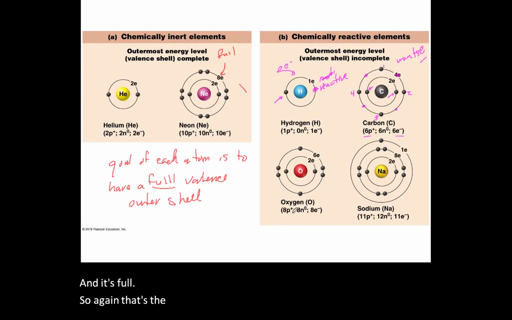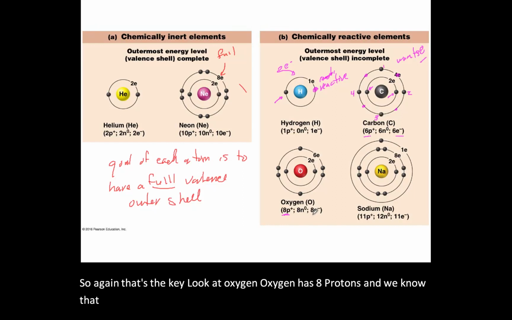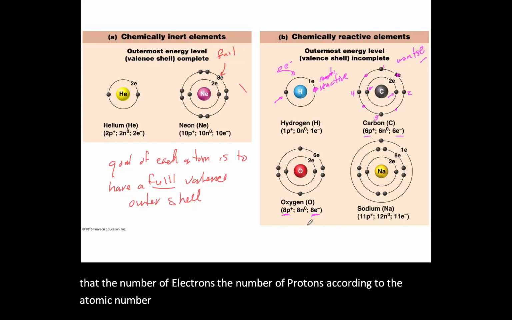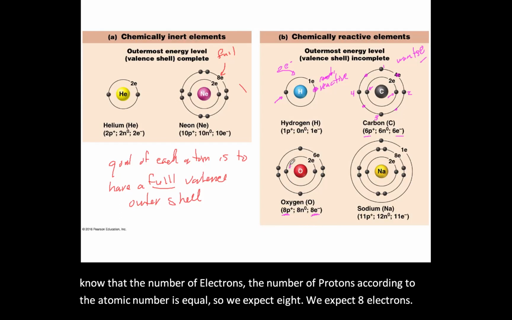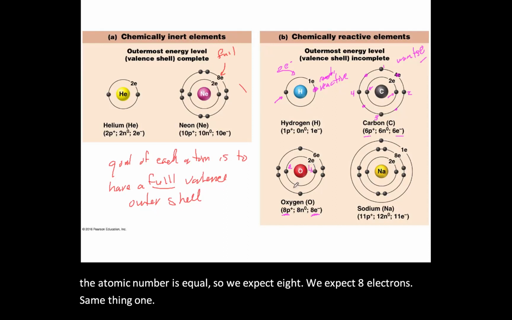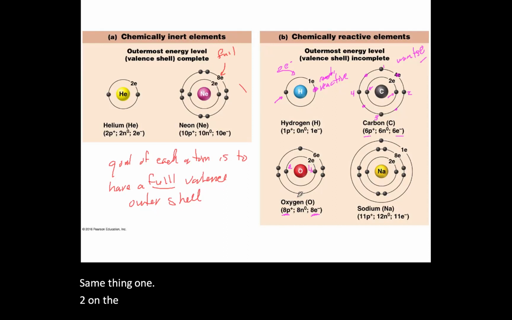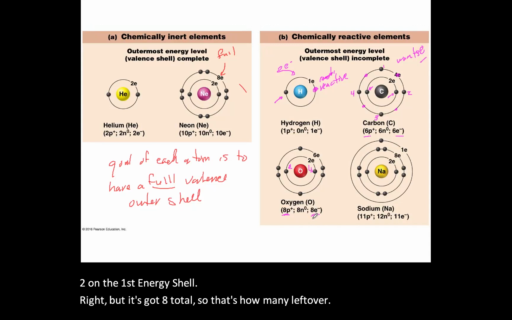Look at oxygen. Oxygen has 8 protons, and we know that the number of electrons and the number of protons, according to the atomic number, is equal. So we expect 8 electrons. Well, same thing. 1, 2 on the first energy shell, but it's got 8 total, so that's how many left over? 6.